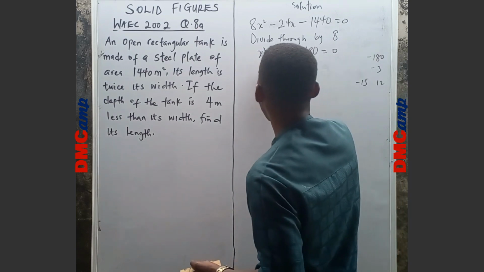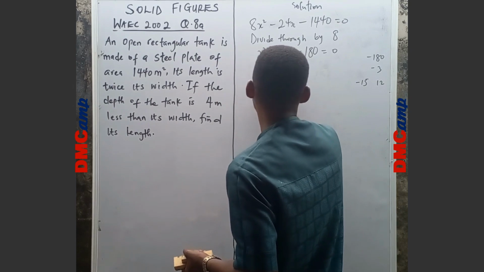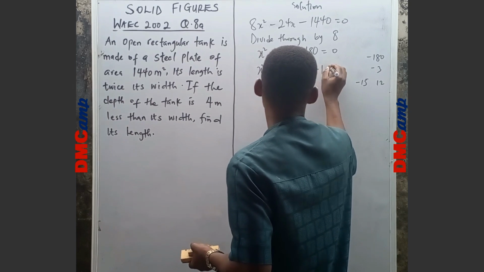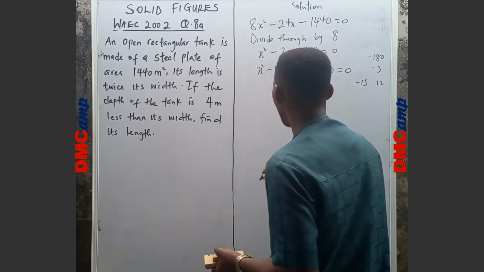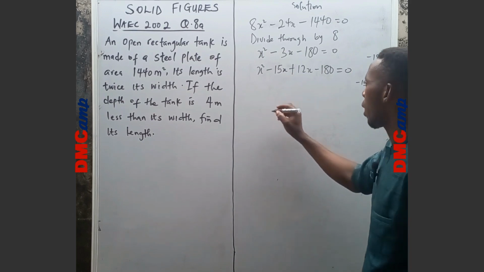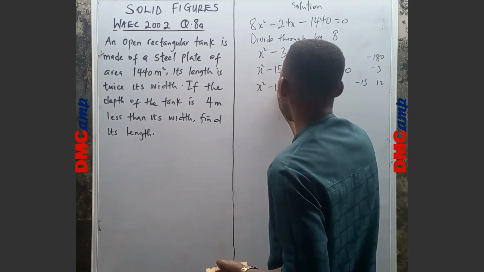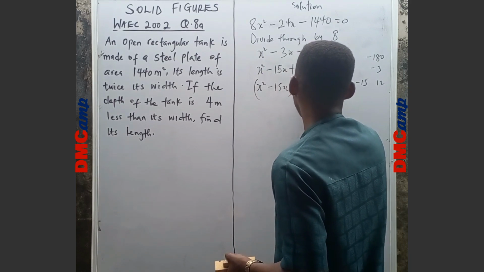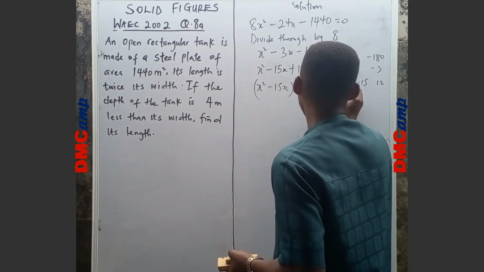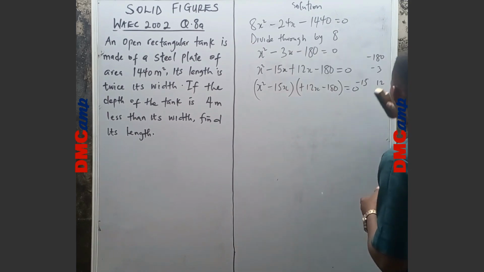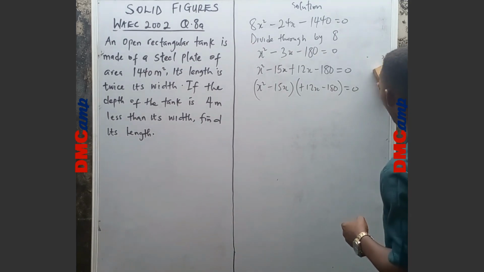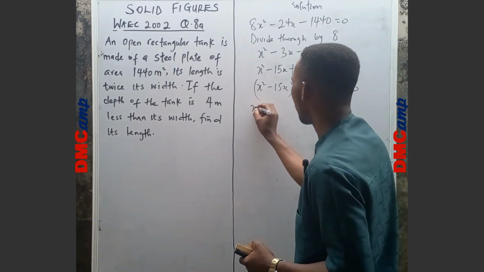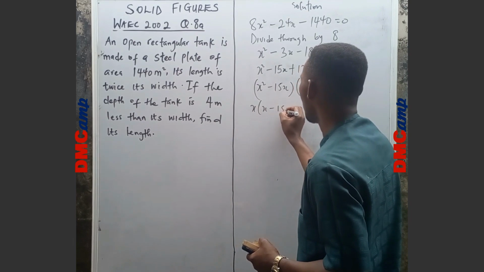So here we are going to have x squared minus 15x plus 12x minus 180 equals 0. Then from here, what is common to this and this? We have x, then x minus 15.